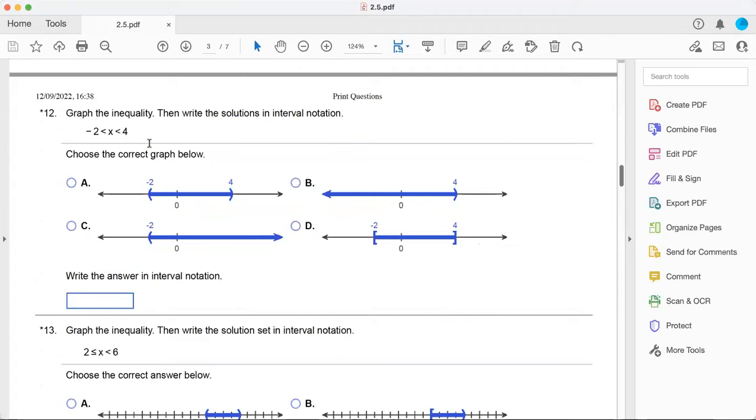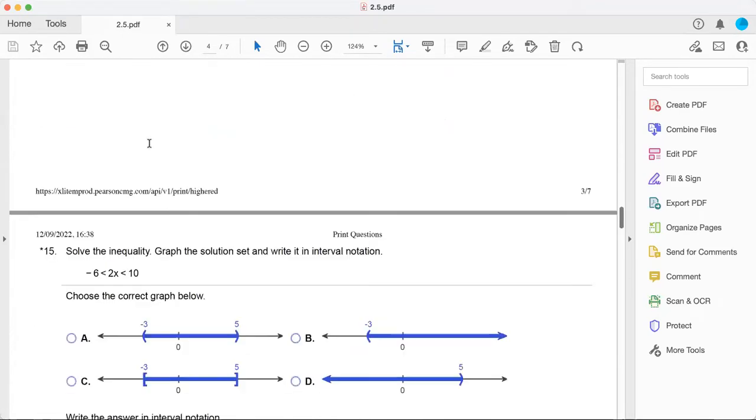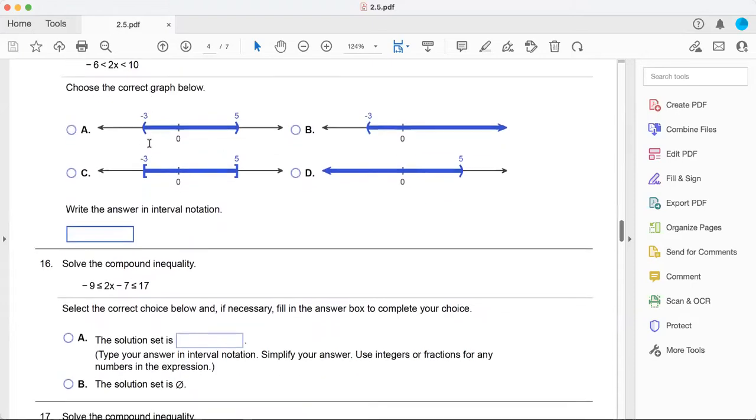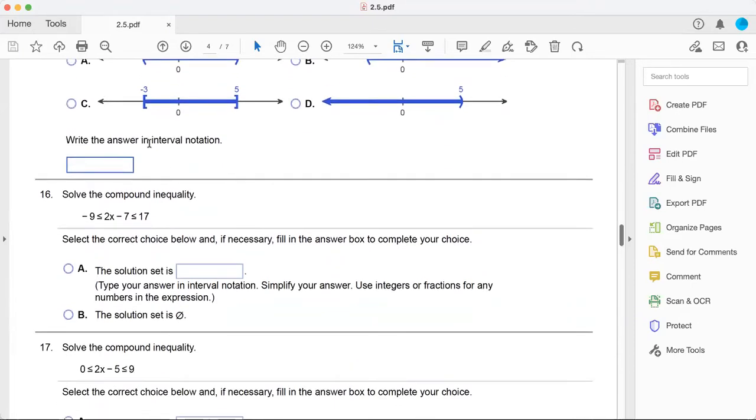We need to start with an easier one. -2 is less than x is less than 4. And then let's pick -9 is less than or equal to 2x minus 7, which is less than or equal to 17. Good. So we'll do those two examples.